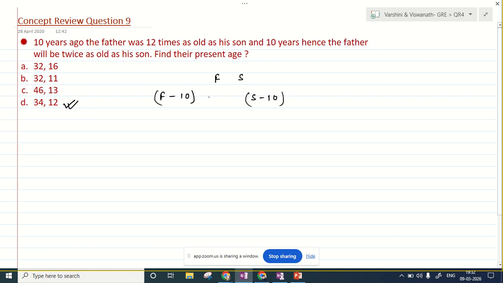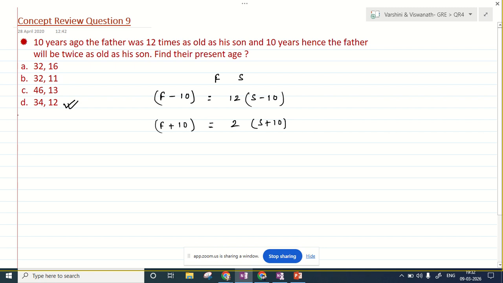It is given that the father's age was 12 times. Correct, no? And 10 years hence, which means F plus 10, and here S plus 10, his age will be twice, no? Will be twice. Right? Very simple.